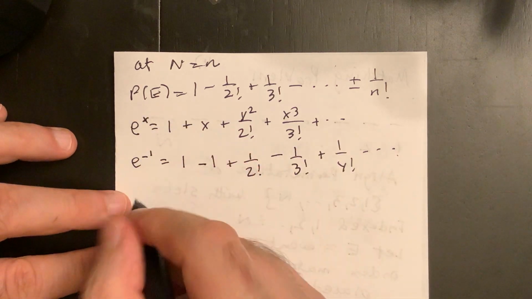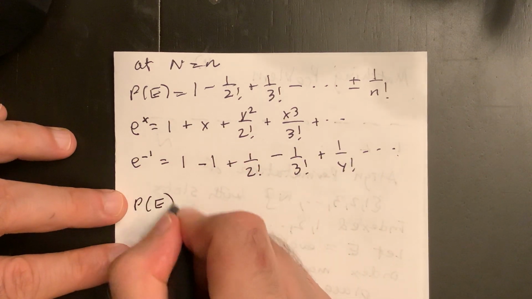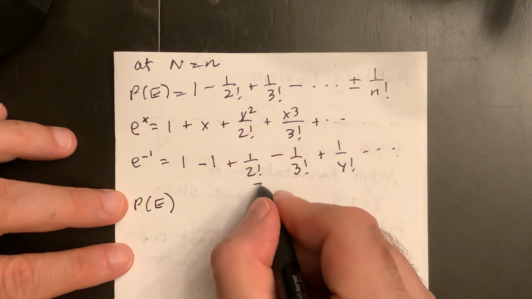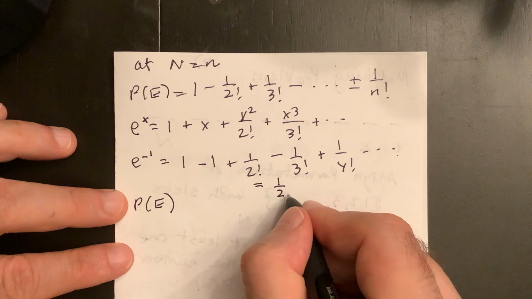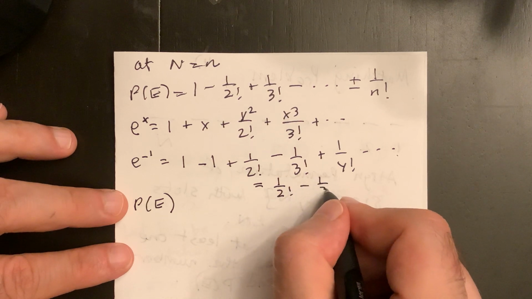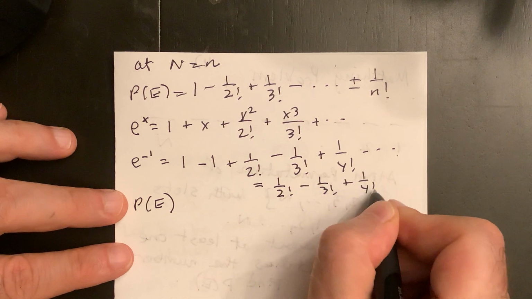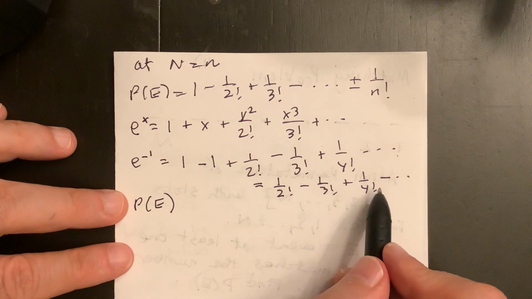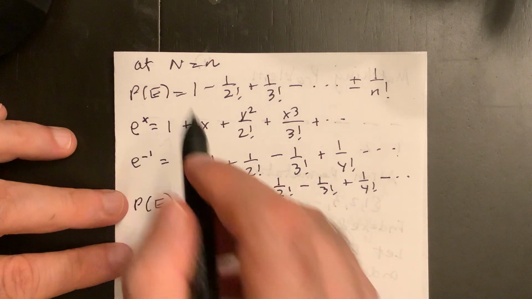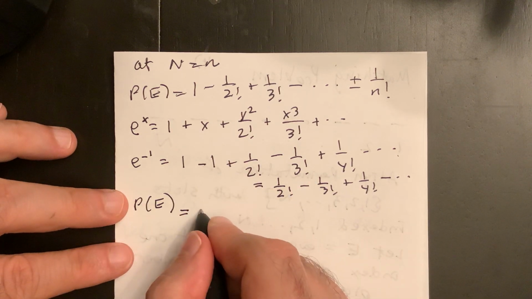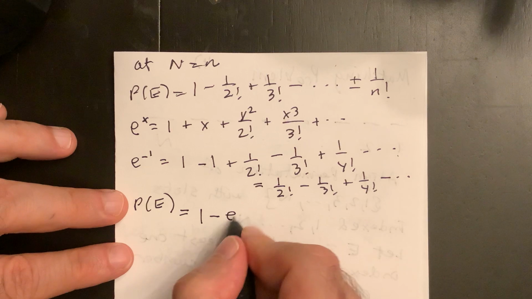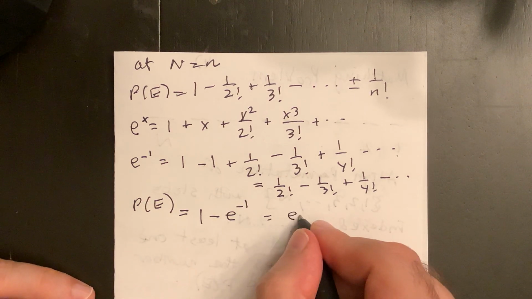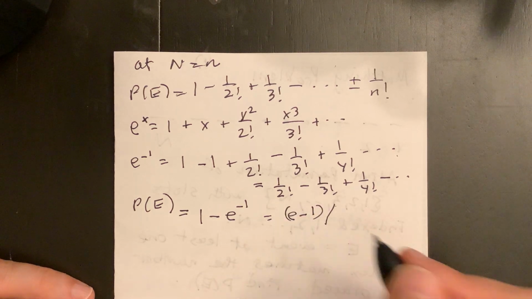So in other words, the probability looks a lot like, so these cancel here, right? So e to the minus 1 is actually 1 over 2 factorial minus 1 over 3 factorial plus 1 over 4 factorial. So the probability looks like the negative of this. It looks like 1 minus this. So it's 1 minus e to the minus 1, which is equal to, let's see, e minus 1 over e.